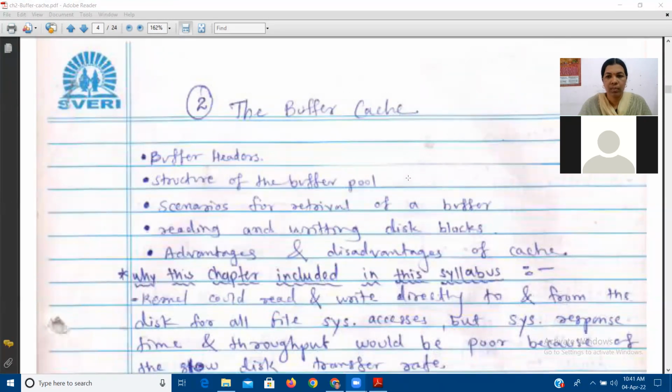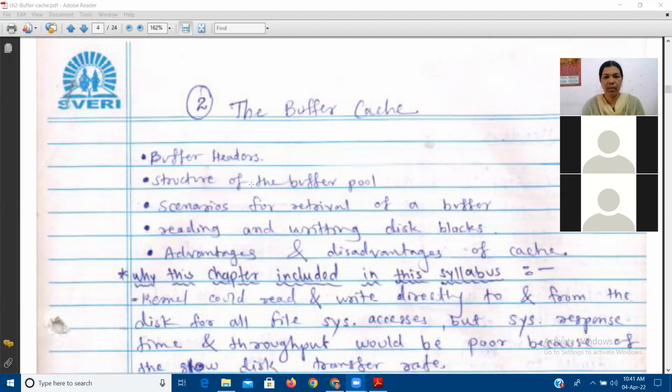So yes, students, my screen is visible. Yes, ma'am. Okay. So note the points. Total 5 points we are going to discuss as a part of this chapter. Buffer header, structure of buffer pool, scenarios for retrieval of a buffer, reading and writing disk blocks, advantages and disadvantages of buffer cache.